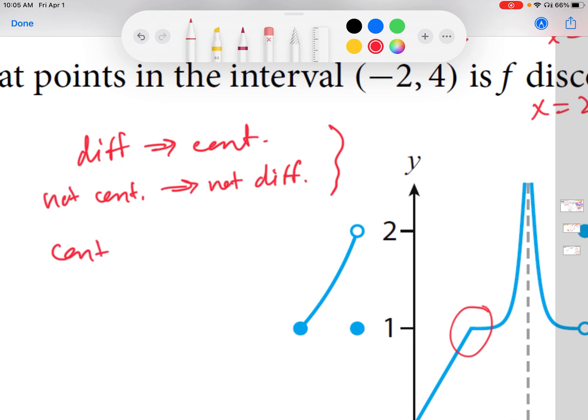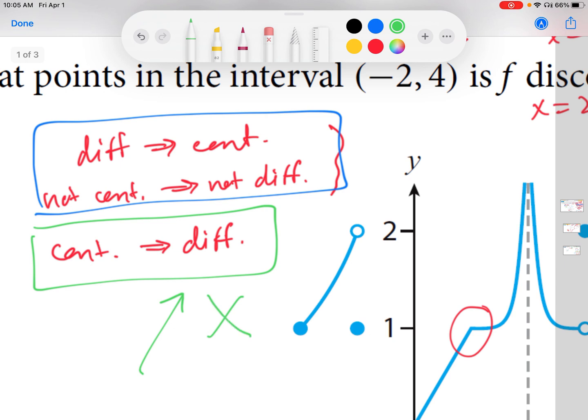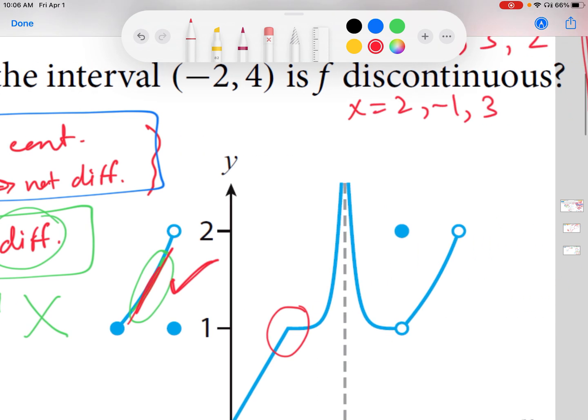However, what is not true is that continuous implies differentiable. The first two are theorems. This one is very often confused with these two results. This one is not true. It's true sometimes that continuous functions are differentiable. Take this piece here, nice and continuous, and I can draw all the tangent lines I want. So continuous and differentiable, check. However, take this piece here, continuous, but not differentiable at that point.